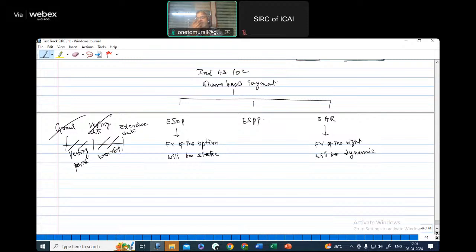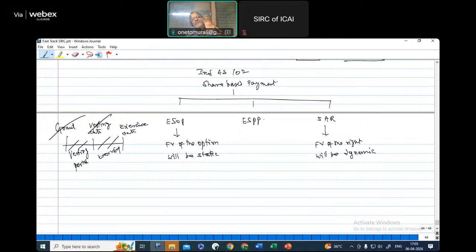During the vesting period, the amount to be amortized will be debited to the profit and loss account. We are expected to take credit to ESOP reserve account or outstanding account, as the case may be. And once a subscription is made at the agreed price, we debit cash for the collection of cash.